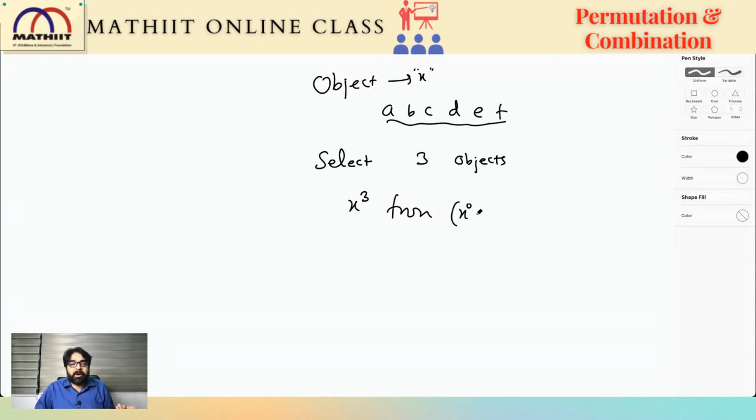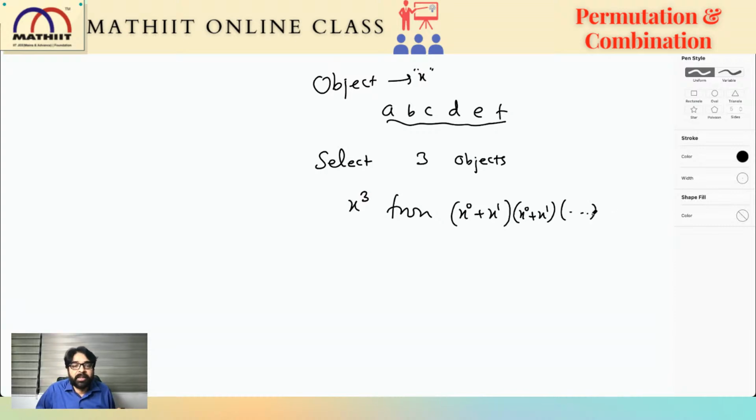Means x power 0 or x power 1. Means either 0 A will come or 1 A will come. I will go to B and ask him, what is your situation? He will also say the same thing. I may come, may not come. Third one also will say, may come, may not come, and so on.